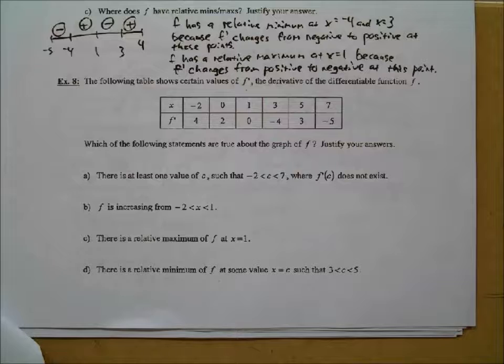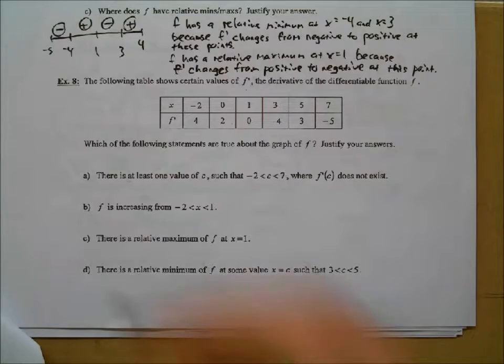So again, example 8: the following table shows certain values of f prime, the derivative of the differentiable function f. Which of the following statements are true about the graph of f, or just about f too? Justify your answers. So letter A: there is at least one value of c such that negative 2 is less than c is less than 7, where f prime of c does not exist. True or false?